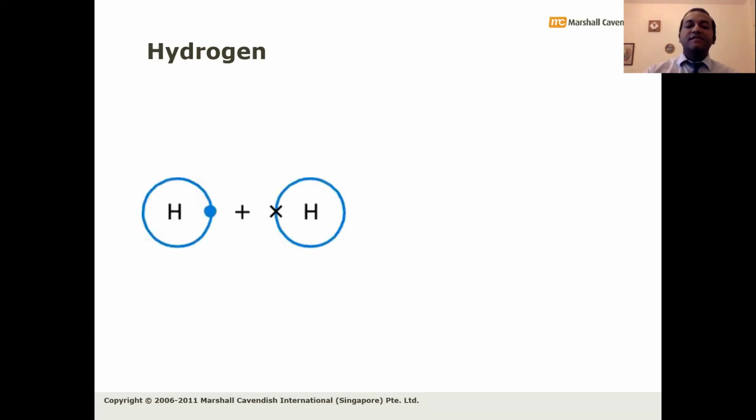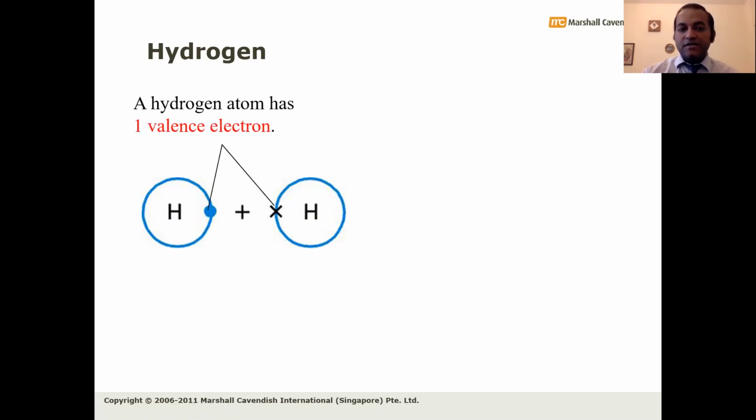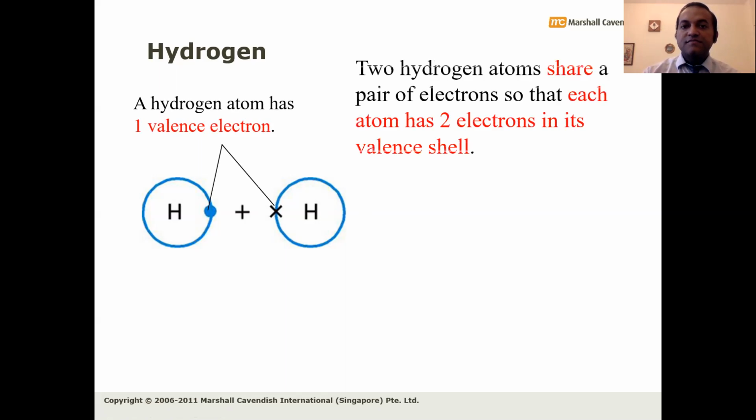In this case, you can see each of these hydrogen atoms has one electron. Here I'm going to use the same concept of the dot and cross diagram. We put a dot for this atom and a cross for the other atom. So a hydrogen atom has one valence electron.